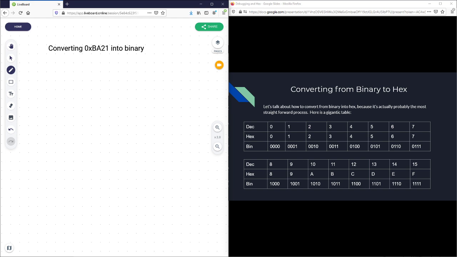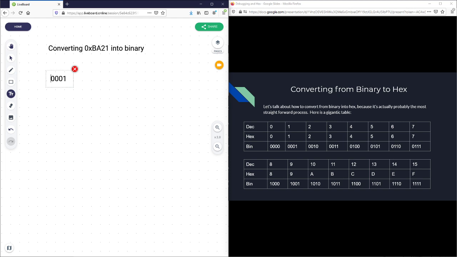So let's convert this into binary. 1 converts into binary like this, it's going to convert as 0001 using the table. Remember to include these zeros. If you don't include the zeros, it's going to get you the answer wrong, because this is in the ones place in hex, and this is in the 16s place.